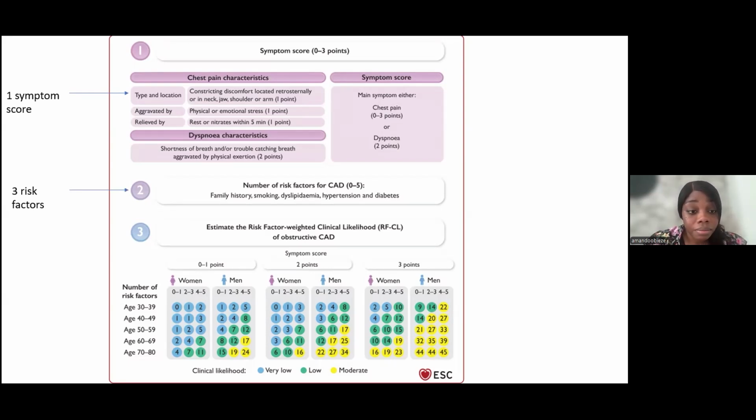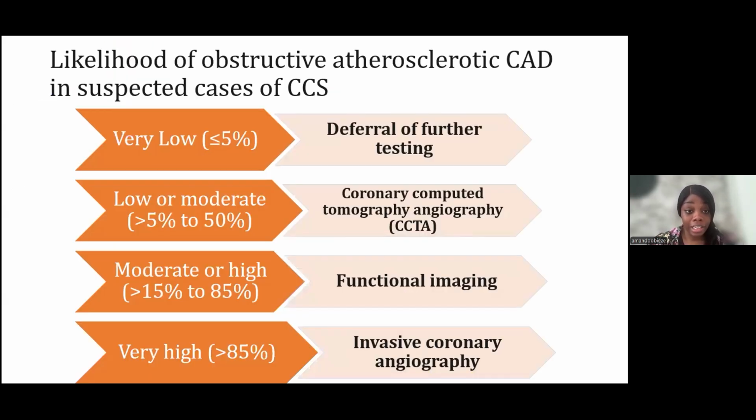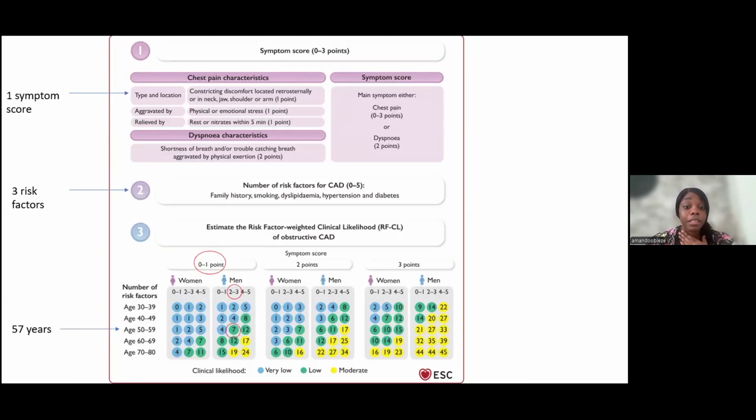He had smoking, dyslipidemia, hypertension. And looking through this, if he was 57 years of age, next. And he had a 0 to 1 symptom score, tracing it down, and he's a man, it would mean that he's got a 7% likelihood. Now, for a patient, next, please, a patient with a 7% likelihood of CAD, next.